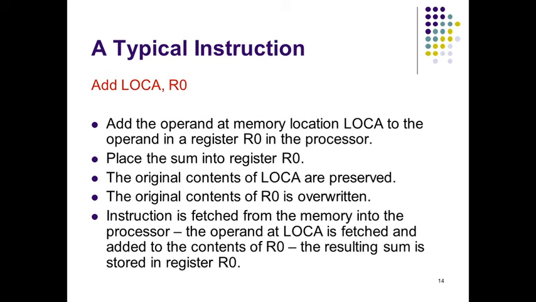The original contents of location LOCA are preserved, whereas those of R0 are overwritten. This instruction requires the performance of several steps. First, the instruction is fetched from the memory into the processor. Next, the operand at LOCA is fetched and added to the contents of R0. Finally, the resulting sum is stored in the register R0.